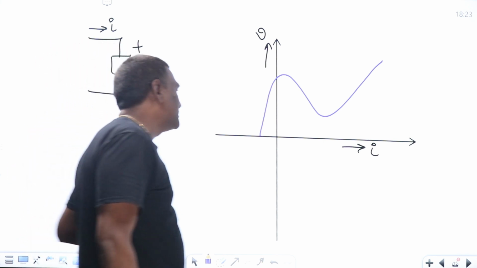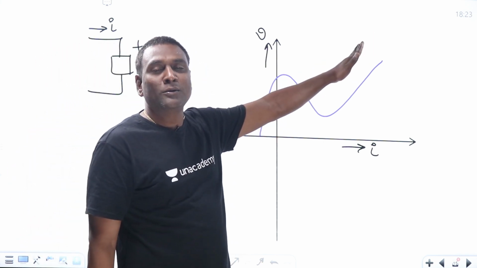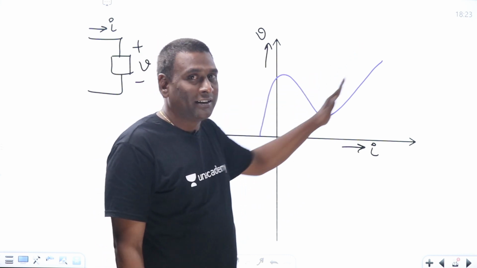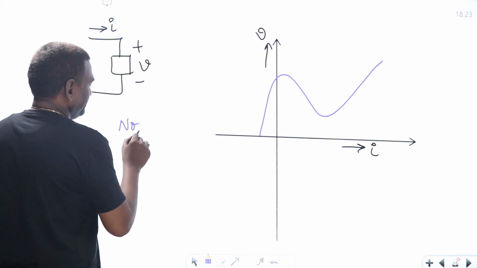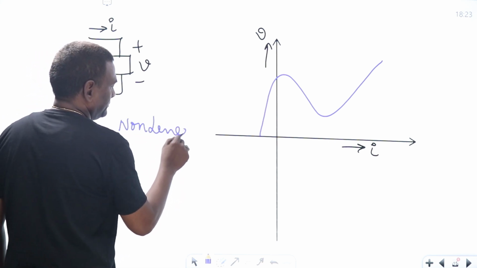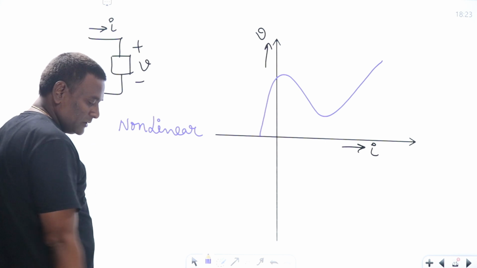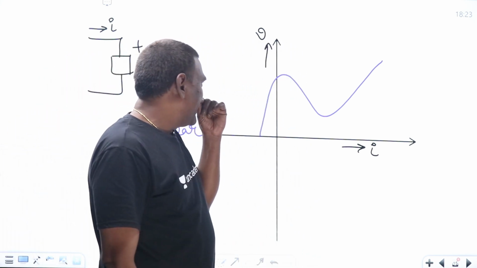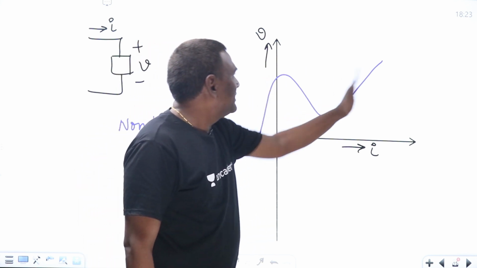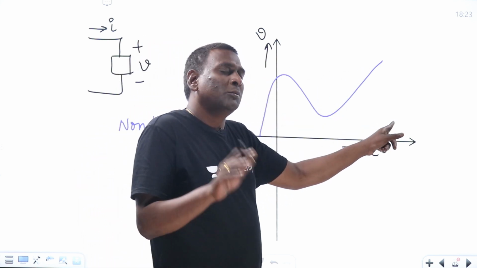Obviously not linear, because it is not a continuous straight line going through the origin. So it will be non-linear, because if you increase input by k times, output will not be increased by k times. Now, is it active or passive? In the first quadrant, we will discuss it later.